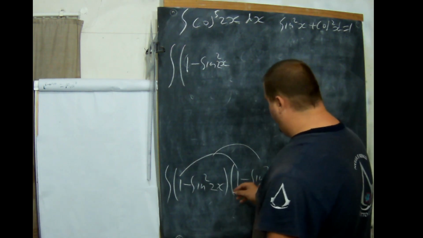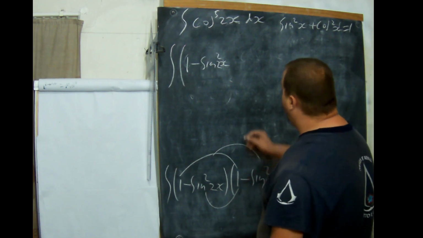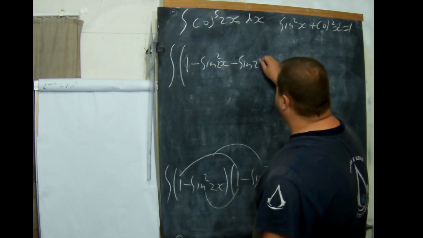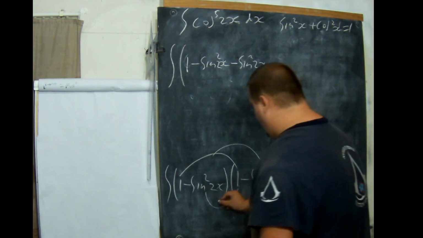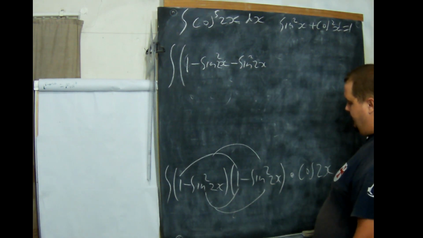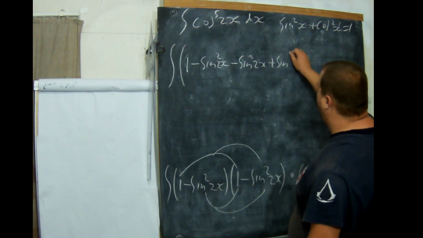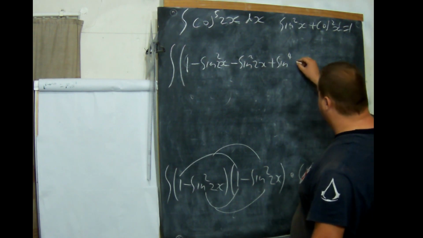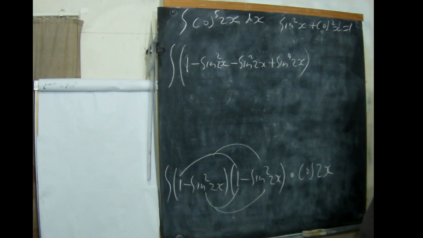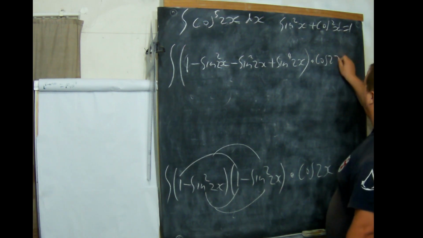Then minus sine squared 2x times 1 is minus sine squared 2x. And then sine squared 2x times sine squared 2x is plus sine to the fourth 2x, bracket, multiplied by cos 2x.